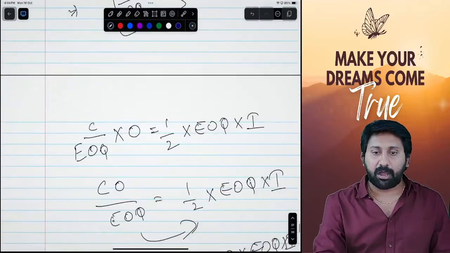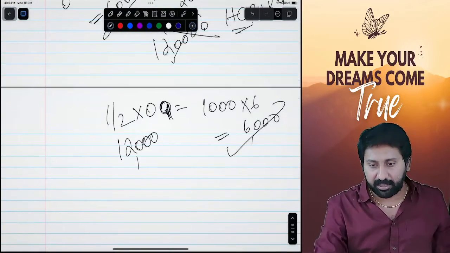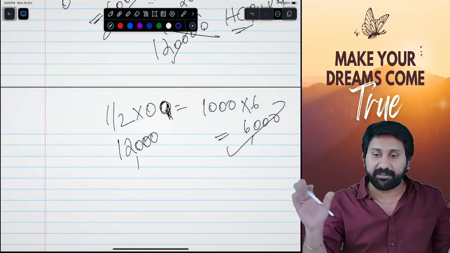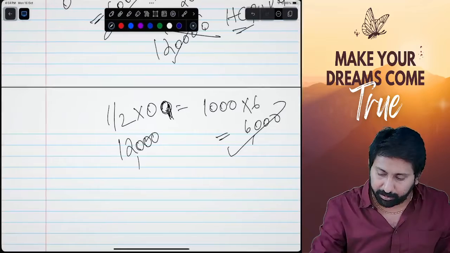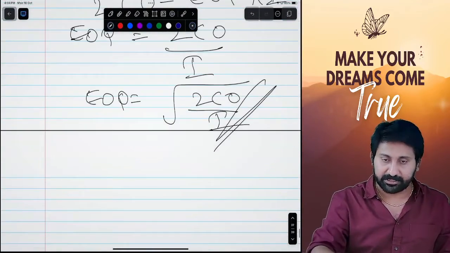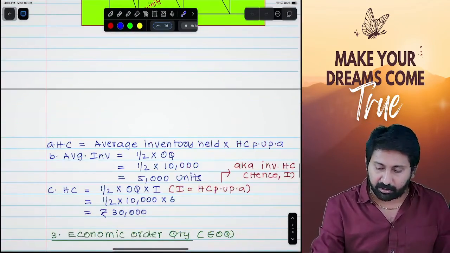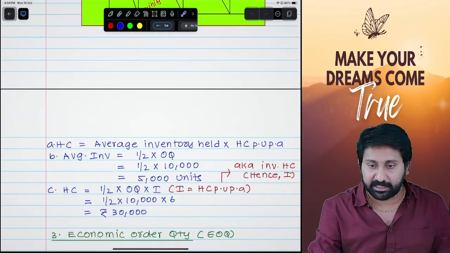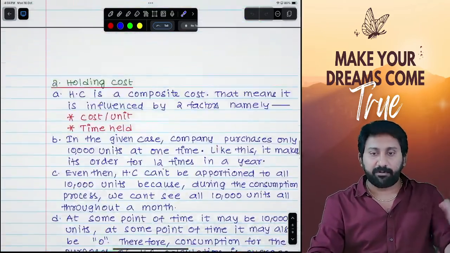So economic order quantity is a place where the holding cost and ordering cost match each other. Root of 2CO by I. So hopefully everyone understood this concept.